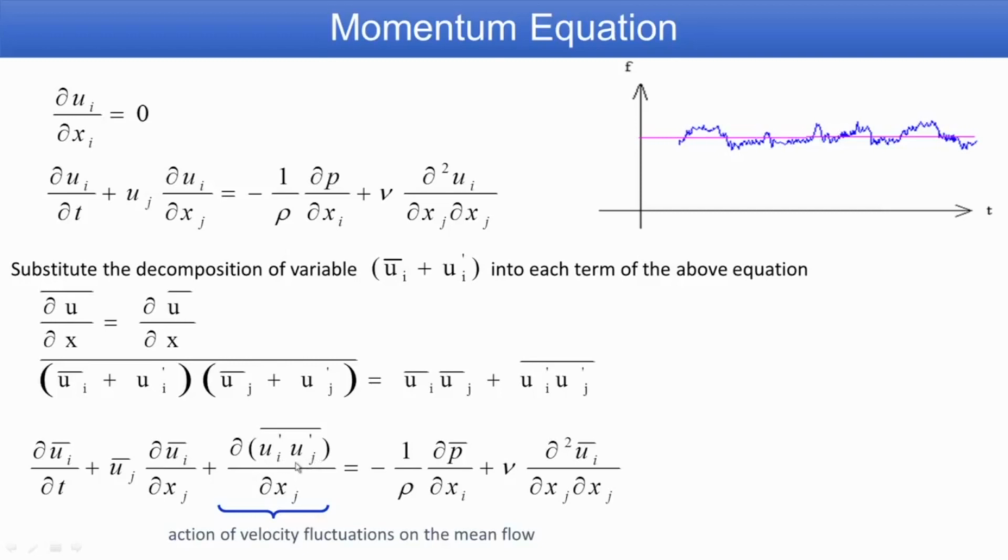Now, this quantity u_i prime u_j prime individually represents velocity fluctuation. The action of velocity fluctuation on the mean flow is represented by this particular term. This term u_i prime u_j prime is a main cause for turbulent flow modeling.